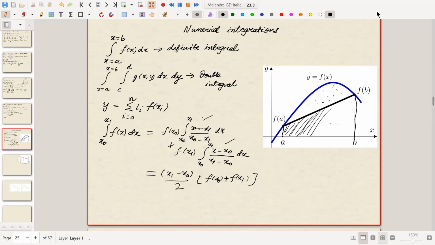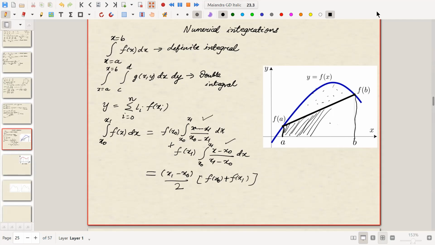Now, can you say what this is? Look carefully. x1 minus x0 is like b minus a here, right? And f(x) or the addition of these heights. So that's like the area of a trapezoid. Even if you learned the area of a trapezoid in some class, 6th, 7th, 8th, you might have forgotten.